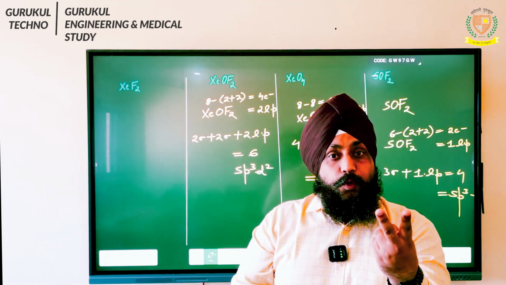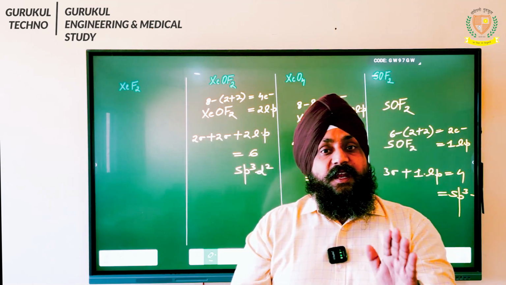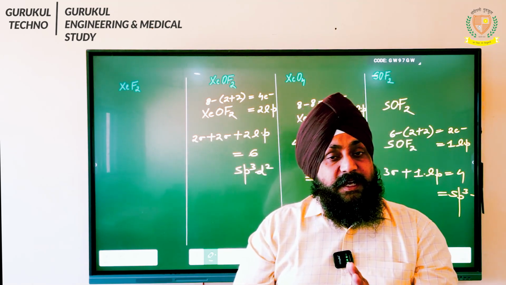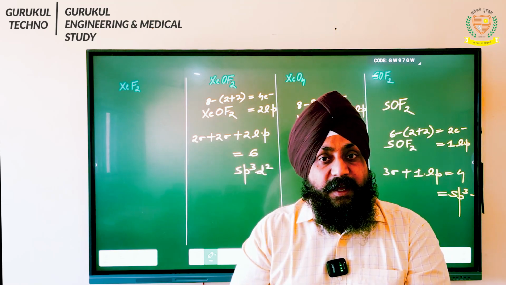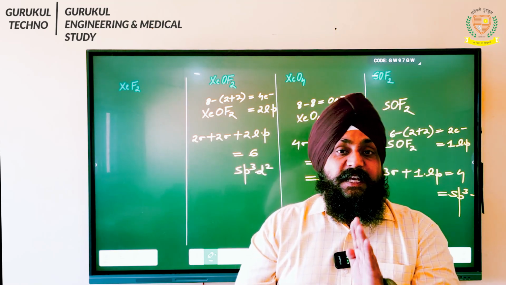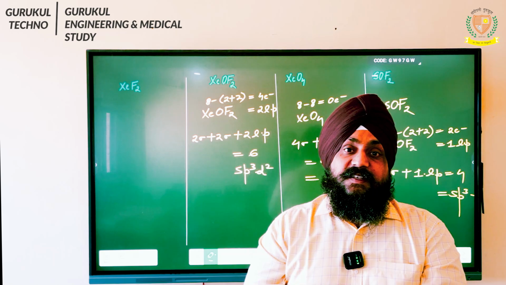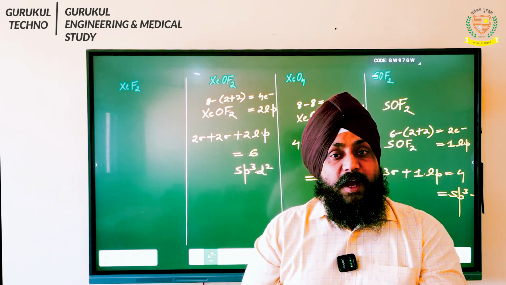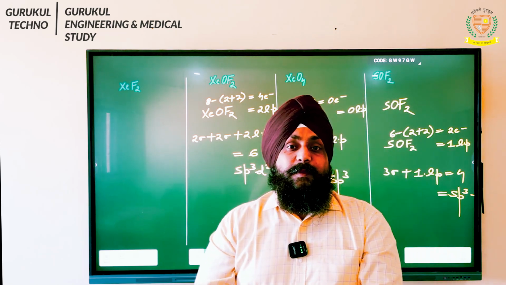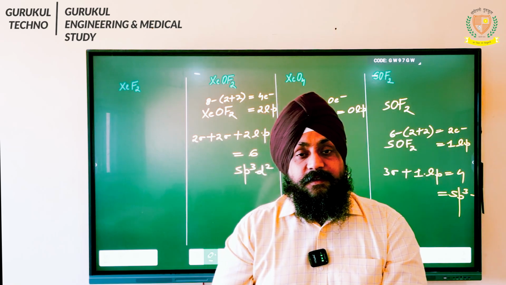If it is 2, it is sp hybridized. If it is 3, it is sp2 hybridized. If it is 4, it is sp3 hybridized. If it is 5, it is sp3d hybridized. If it is 6, it is sp3d2 hybridized, and if it is 7, it will be sp3d3 hybridized.